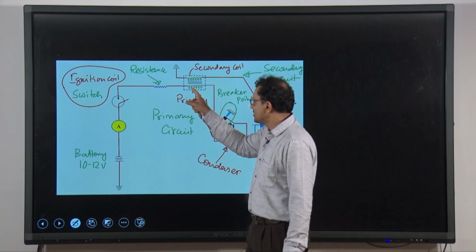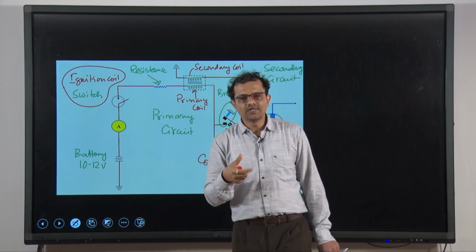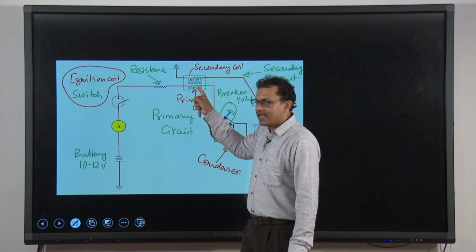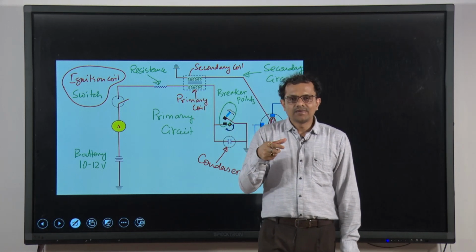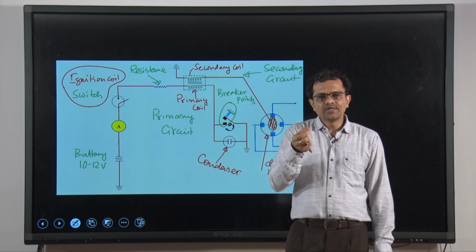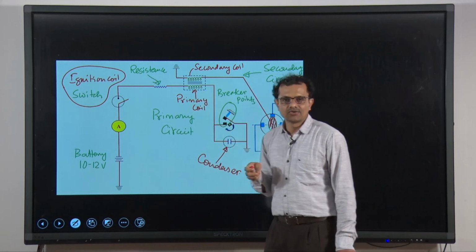Now, when a current is flowing through the primary coil, then a magnetic field will be induced, right. And because these coils are made of iron core and iron core is wound with copper wire, these are basically primary and secondary coils.